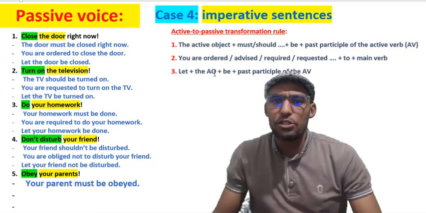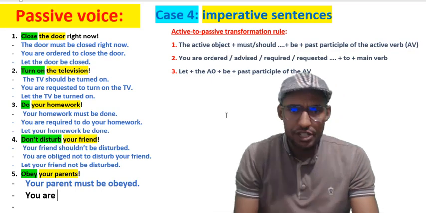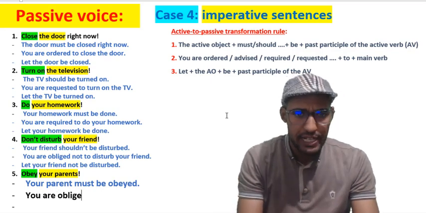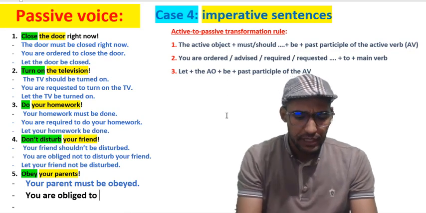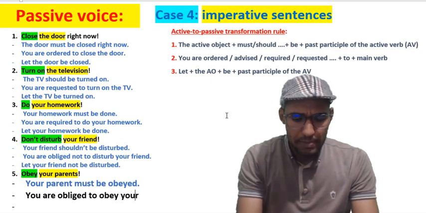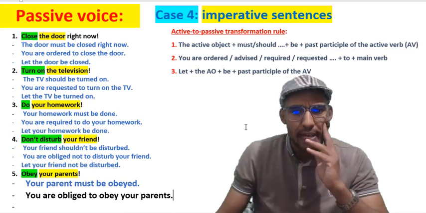Or we can use number 2, instruction number 2. You are obliged, or you are ordered. Let's use obliged here again. You're obliged to obey your parents. You are obliged to obey your parents.